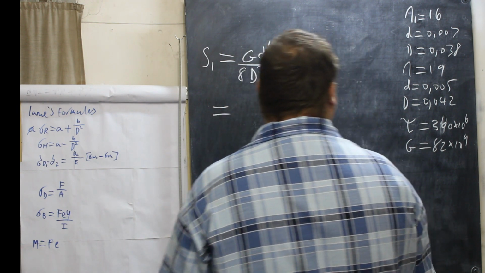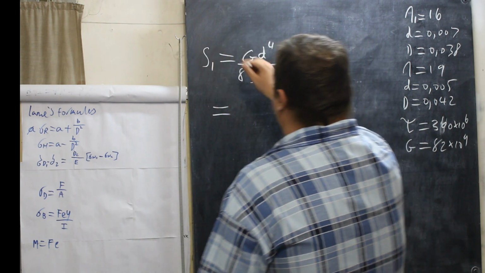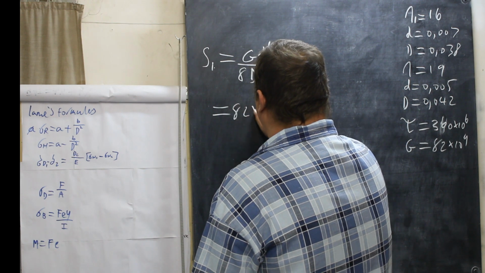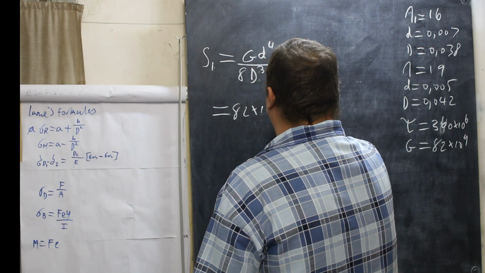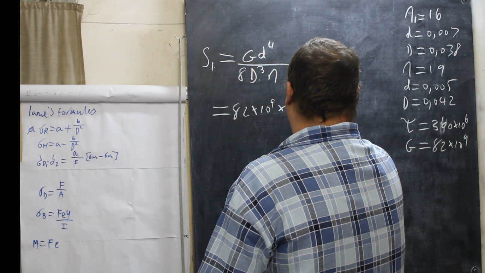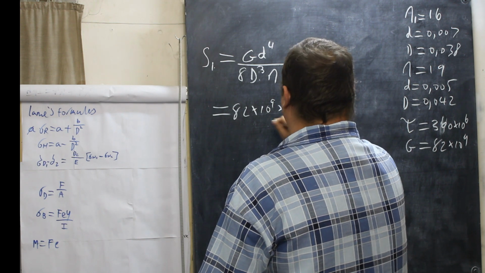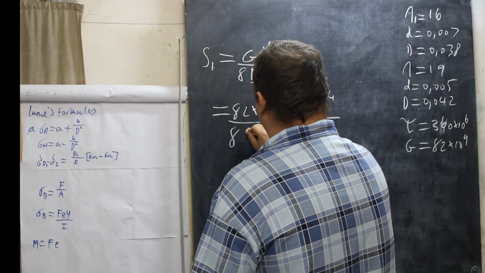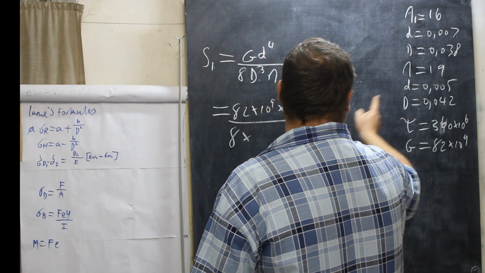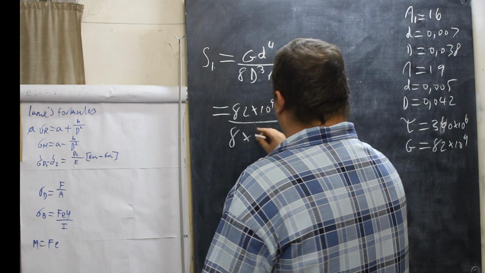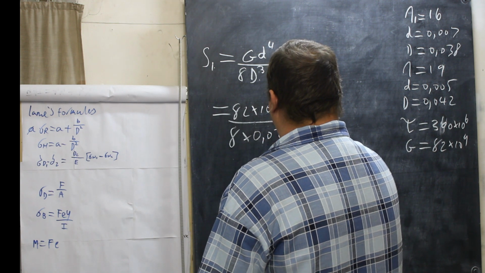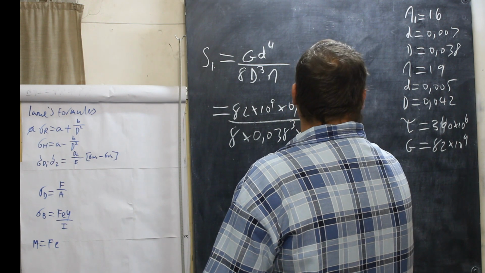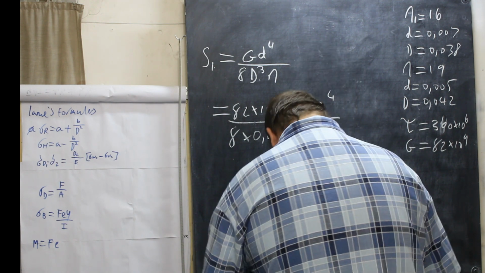Now this works exactly the same for both. So G, 82 times 10 to the 9, times 0,007 to the power 4, all over 8 times D, 0,038 to the power 3, times 16.